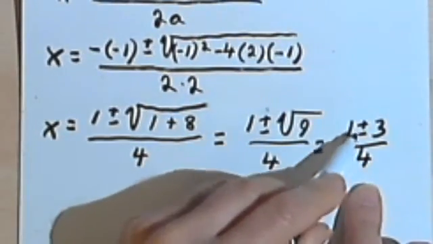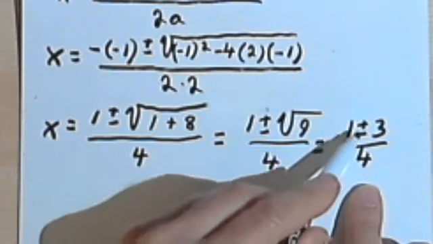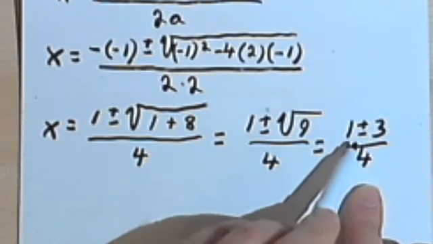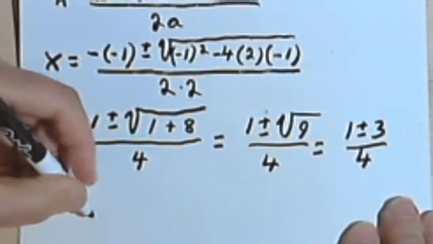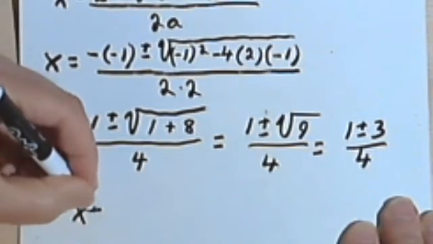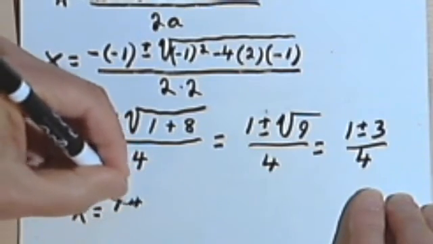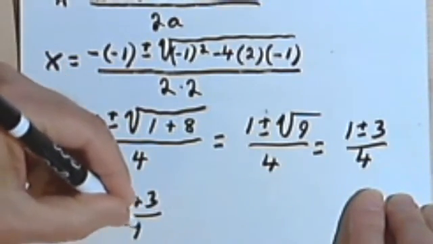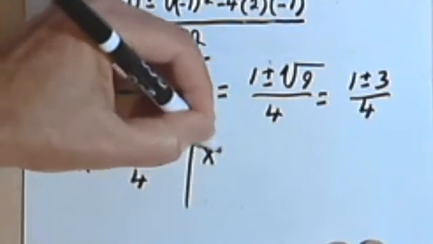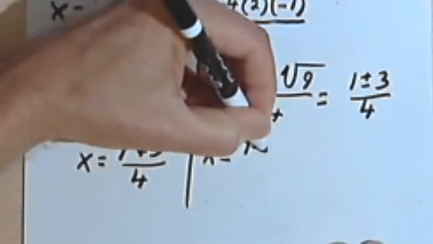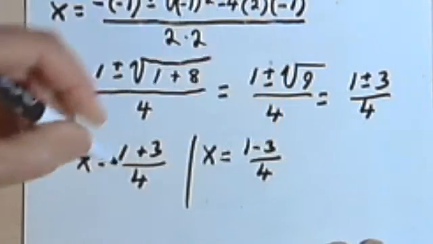Now, since I've got a plus or minus, let's figure out what the plus value would be, and then what the minus value would be. So I'm going to have x equals 1 plus 3 over 4, and x equals 1 minus 3 over 4.